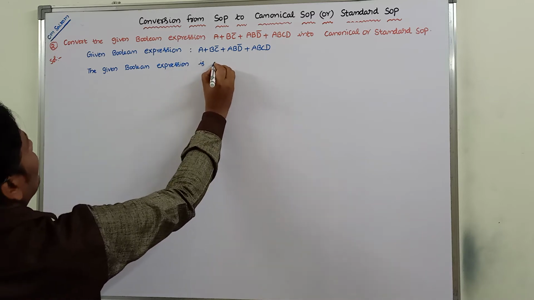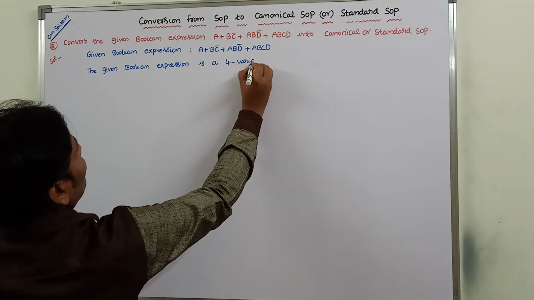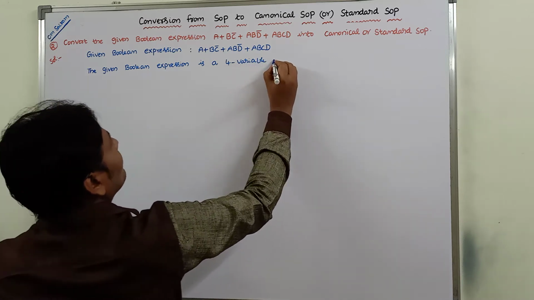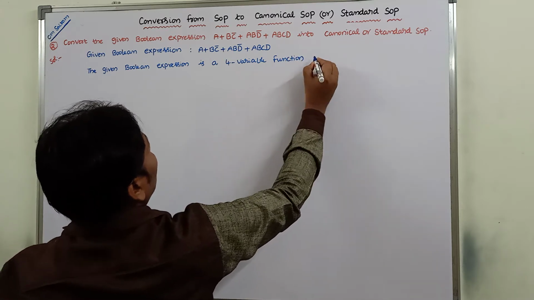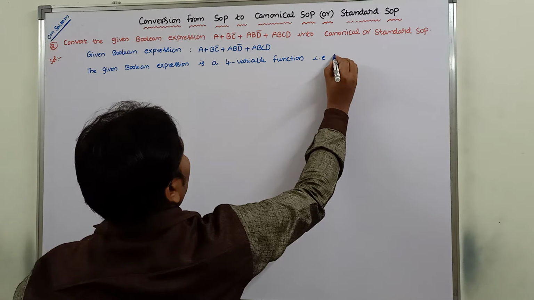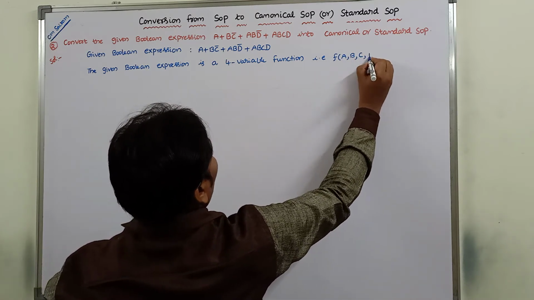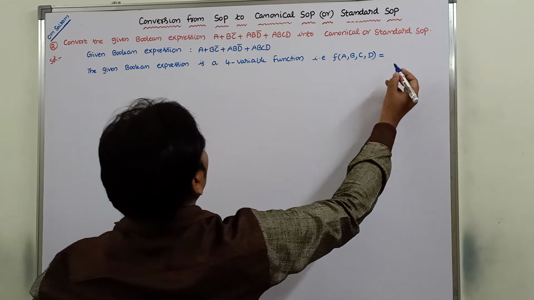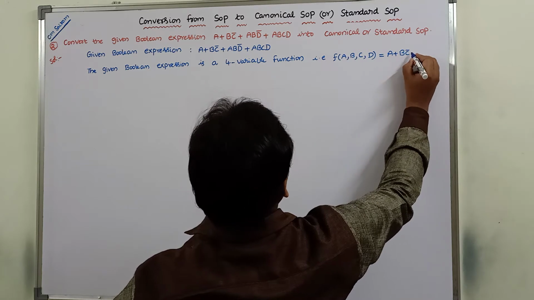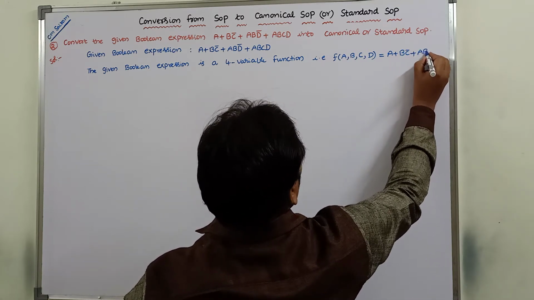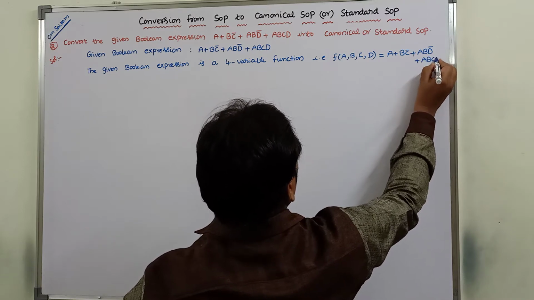So we can say that the given Boolean expression is a 4-variable function, that is f of a, b, c, d is equal to a plus bc bar plus abd bar plus abcd.